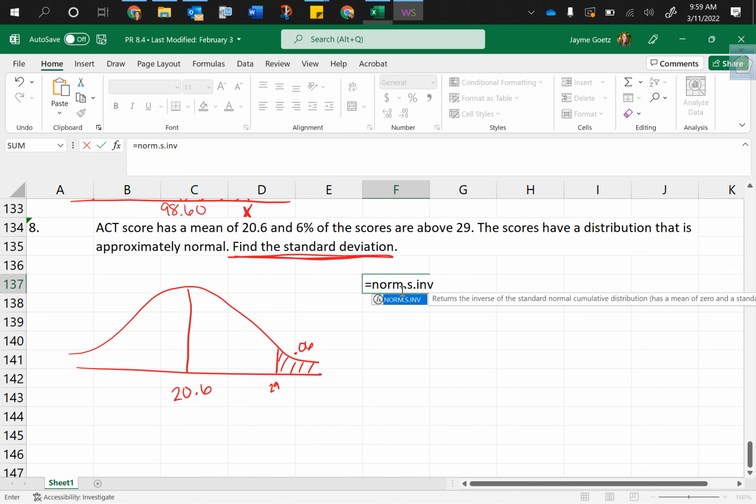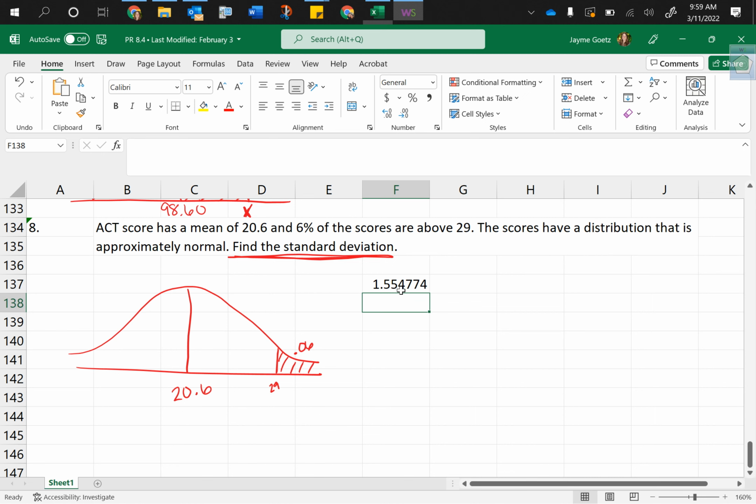What I'm going to put in is the probability that falls to the left of it. Now, I know that the probability that's to the right of it is 0.06, so what's to the left of it? 0.94. So since I have an area over here of 0.94, that means the corresponding z value to 29 in this instance is about 1.55.